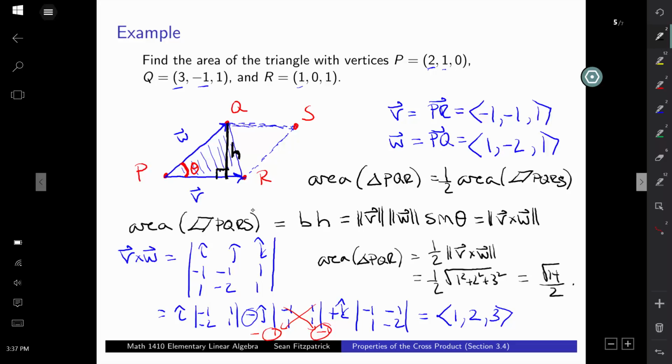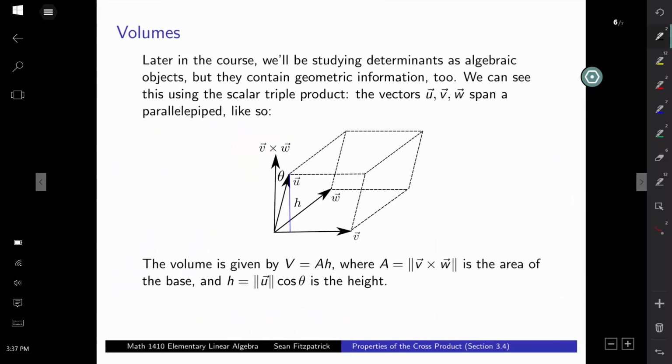Okay, moving right along. You can also use the cross product to compute volumes. I'm not going to go too much into the details here, but if you go through carefully and play around, and if you believe this rule I've given you, which is true for any solid with a constant cross-sectional area, the volume is given by the area of the base times the height of the object.